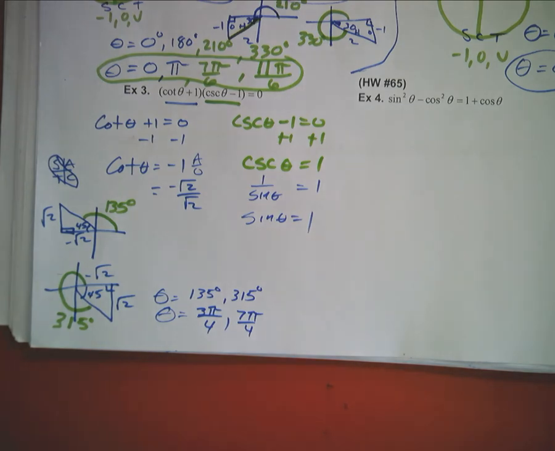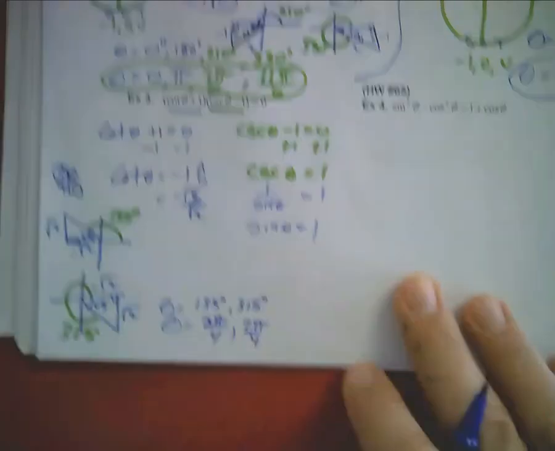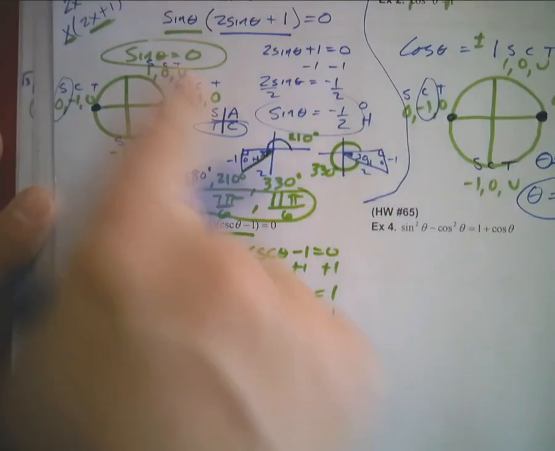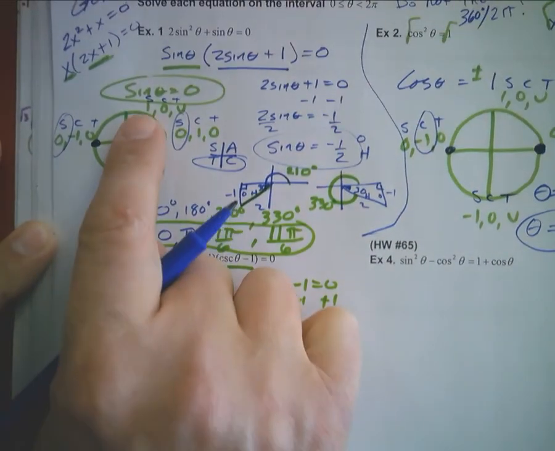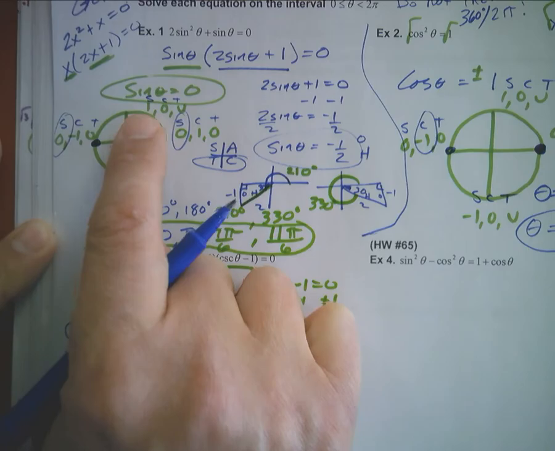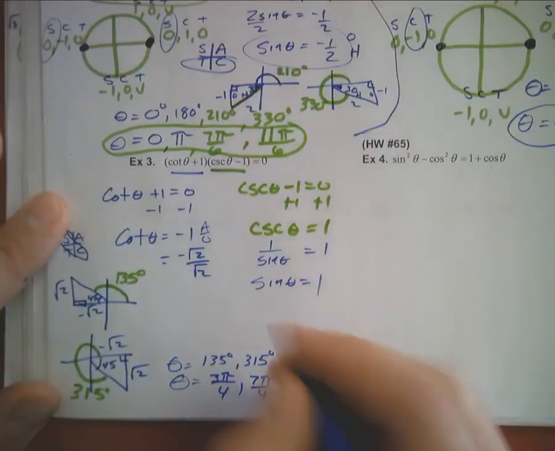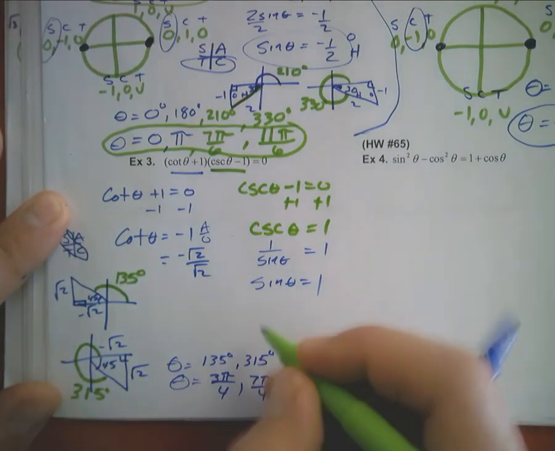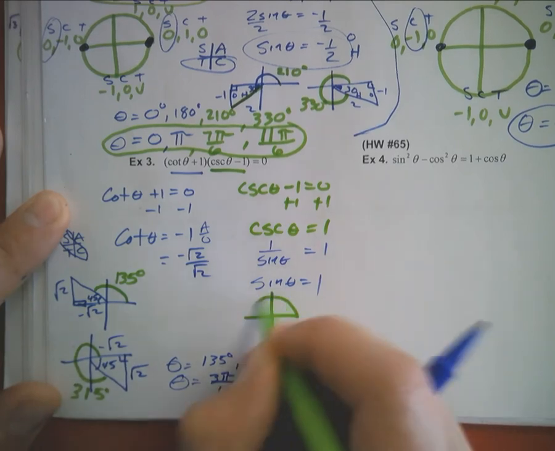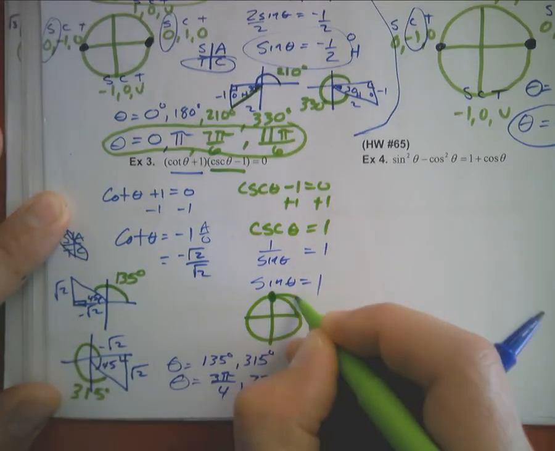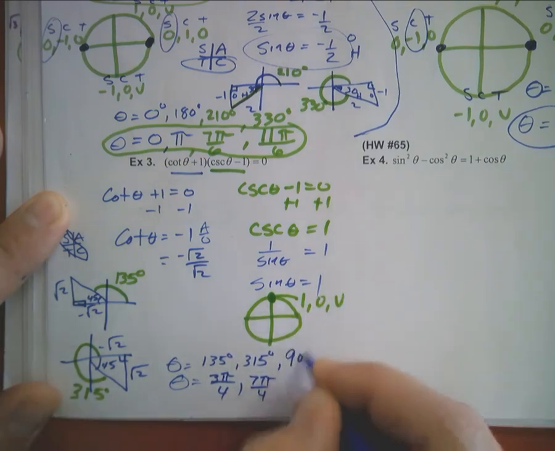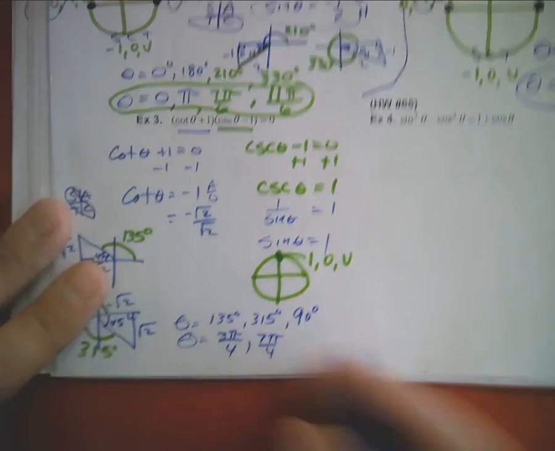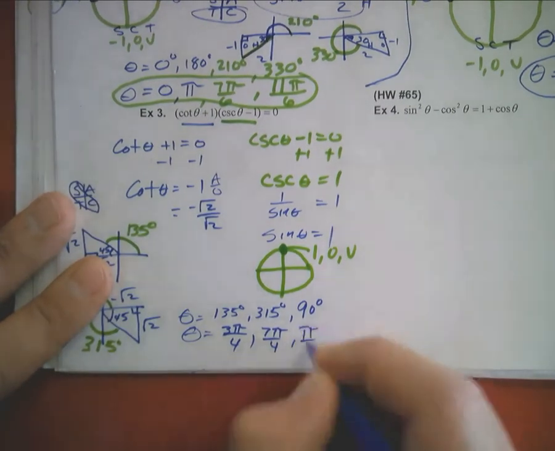Well, again, if sine or cosine is 0, 1, or negative 1, we're looking at quadrantals. Okay, so when I take a look, I go up here, right? Where's sine 1? Up here at 90 degrees. So this one right here, quadrantal angle, that's 90 degrees, which is pi over 2.